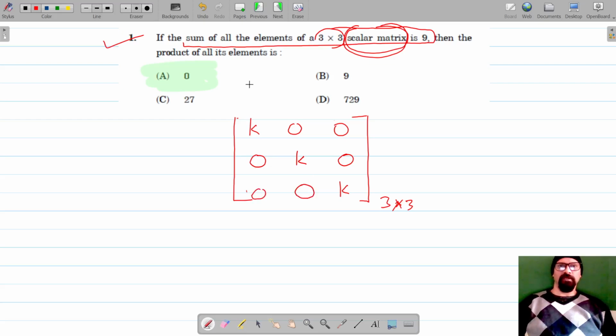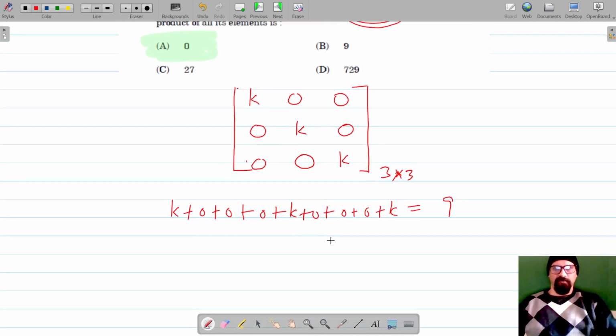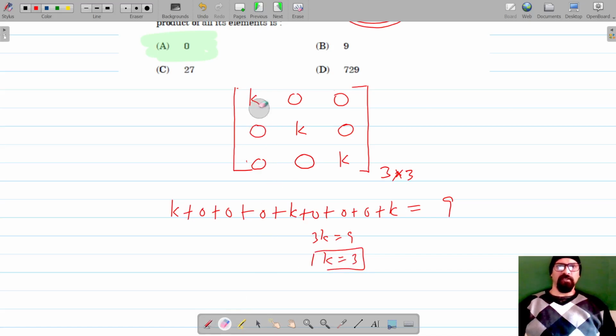So it's given that the sum of all elements of a 3 by 3 scalar matrix is 9. So this is k plus 0 plus 0 plus 0 plus k plus 0 plus 0 plus 0 plus k is equal to 9. If we add them, 3k is equal to 9, which gives the value of k as 3.